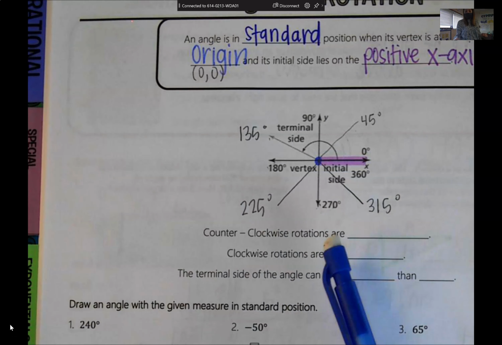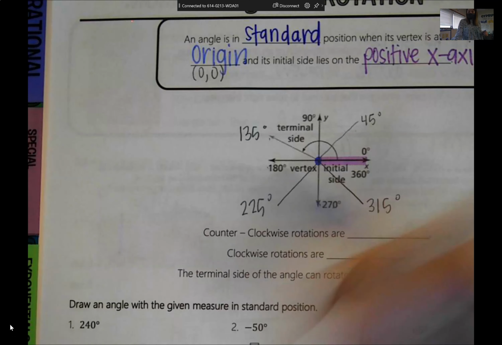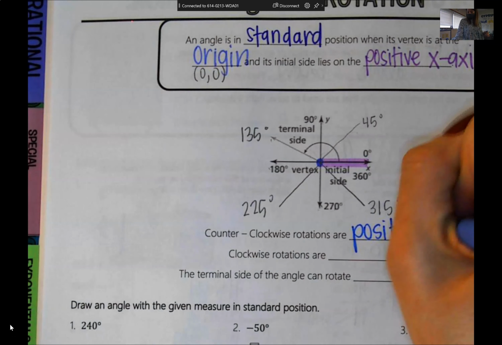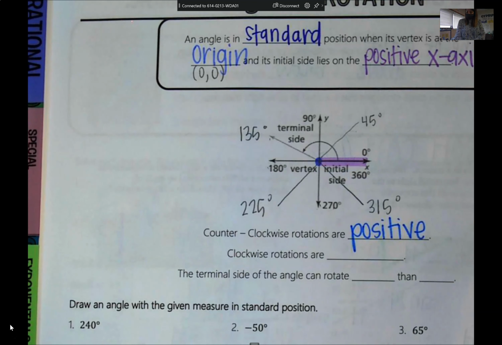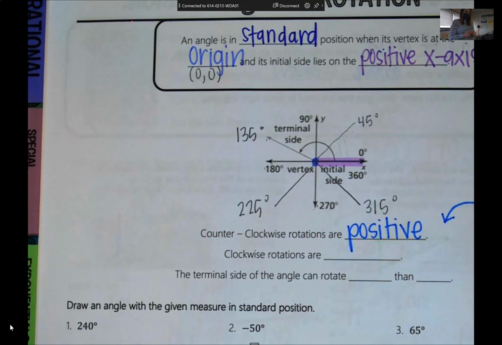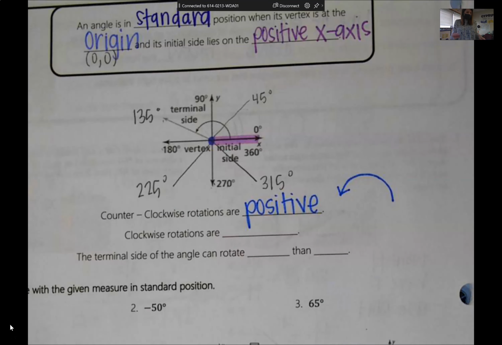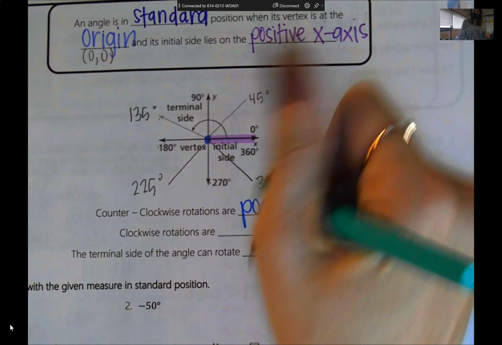Counterclockwise rotations are positive. So that's this way. If the angle's going that way, it's positive. Clockwise rotations are negative.